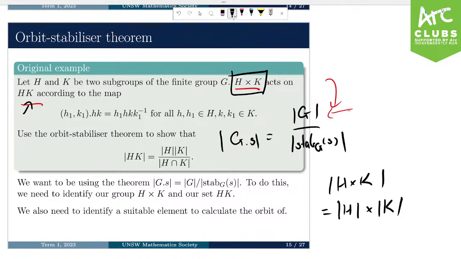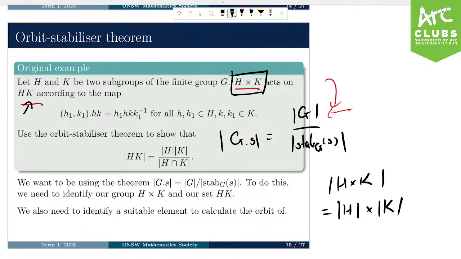Now, for the other two terms here, they all involve some element s, so the question is what element we should pick.